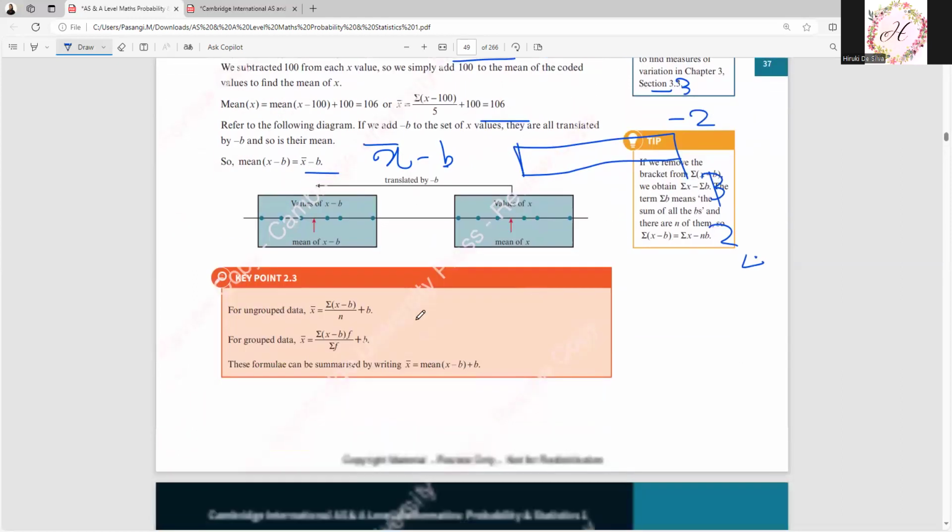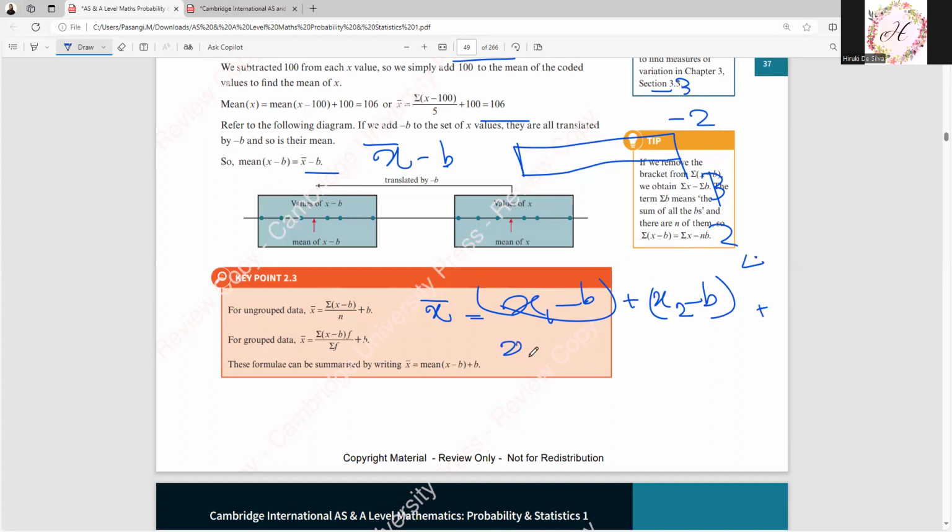Yeah, it is. Okay. So then what are the grouped data and the ungrouped data? For the ungrouped data, we can calculate this x bar like this. Ungrouped data means these are raw data sets, so we can take the differences between these values. x bar is x1 minus b plus x2 minus b and then plus x3 minus b.